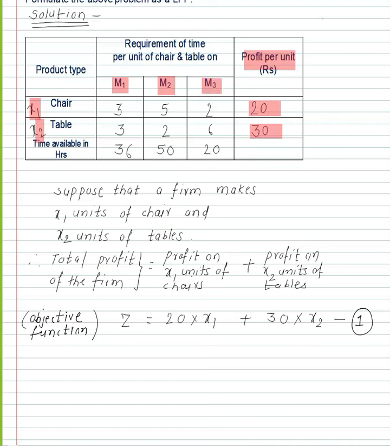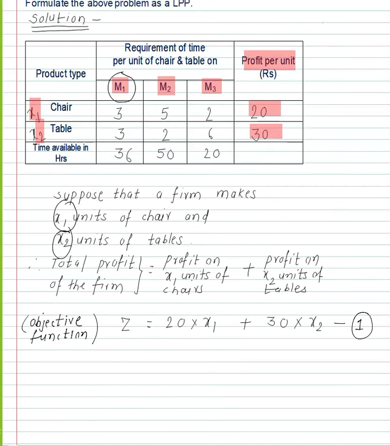Now let us find total time required on machine M1 if a firm makes x1 units of chair and x2 units of table. How much total time is required?